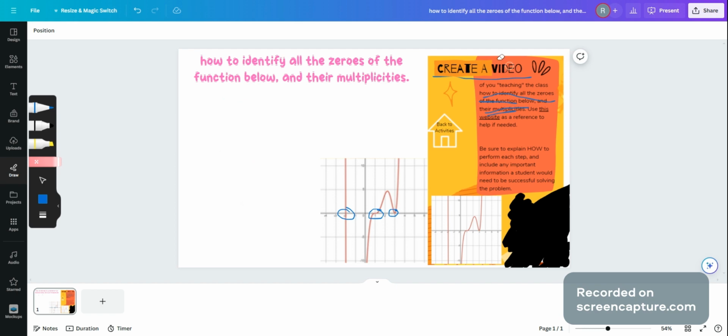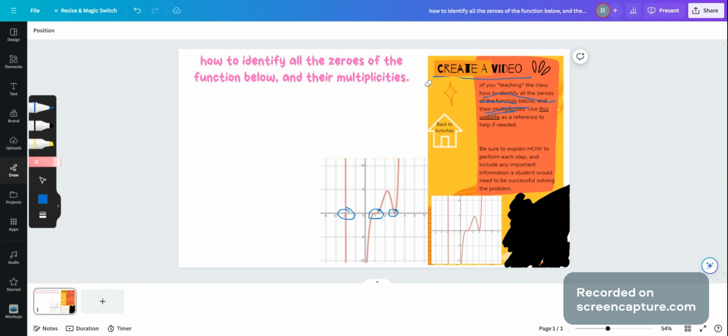But next we need to talk about multiplicities. Oh my gosh, I said it right. Okay, so multiplicities tell how many times a factor contributes to a zero. And they also are technically what helps label the degree.